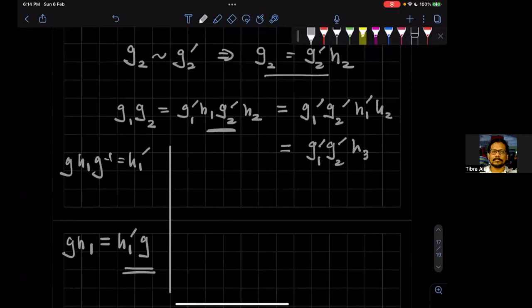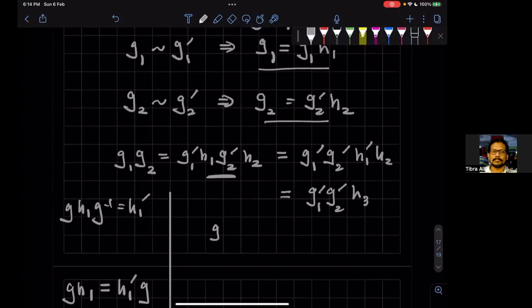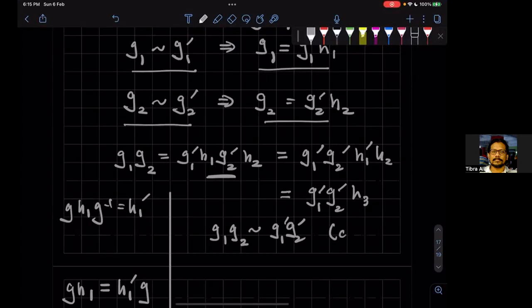Right, so that means that if g1 is in the same coset as g1 prime and g2 is in the same coset as g2 prime, then g1 times g2 is in the same coset as g1 prime g2 prime. Okay, so essentially, that's the closure property.